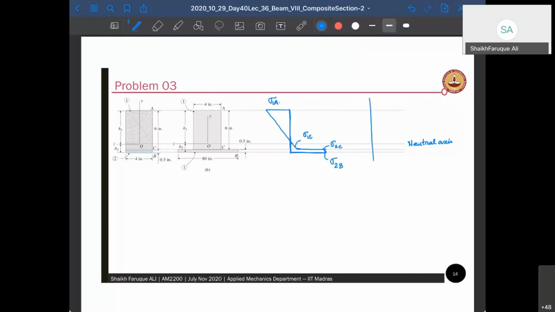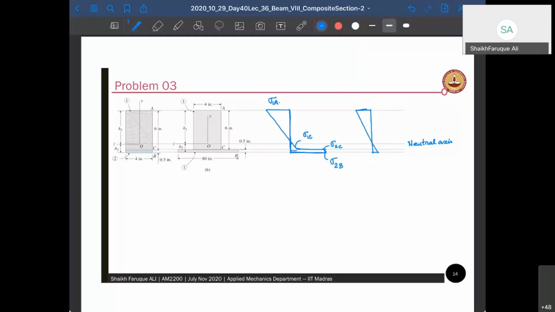is going to be the same. Right, this is going to be your strain. Strain will not have any change because strain doesn't depend on E. It's a geometric property. All right, so that's how you have to finish your diagram, and you can give proper arrows if you want.